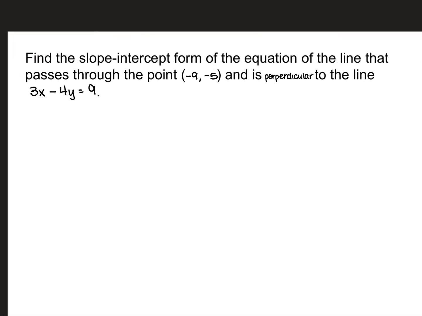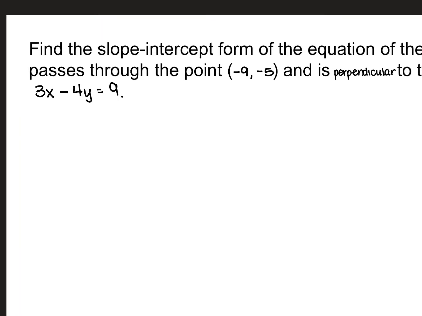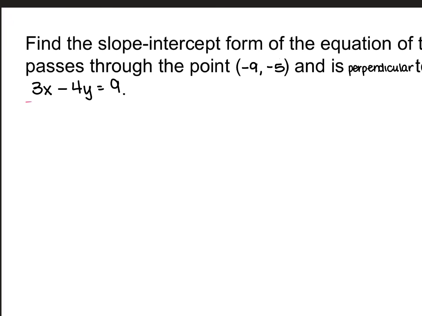For this example, it tells you to find the slope-intercept form of the equation of the line that passes through the point -9, -5, and is perpendicular to the line 3x minus 4y is equal to 9. So first thing we're going to do is to put that 3x minus 4y is equal to 9 in slope-intercept form and identify our slope. We're going to move the 3x over, so we're going to subtract it from both sides.